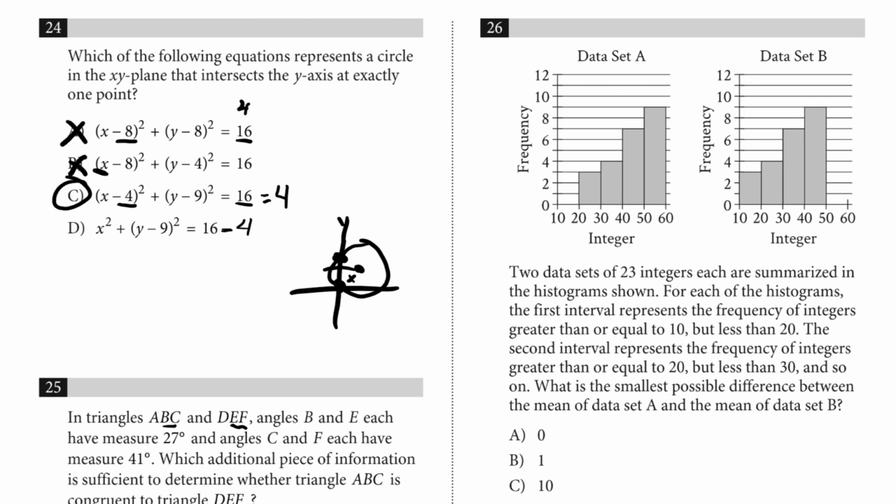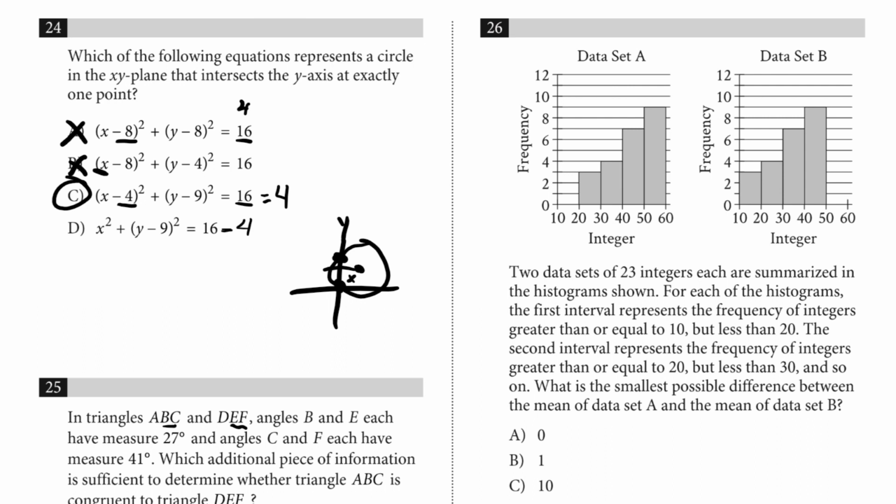So as you can see, between the two data sets of numbers, the actual numbers given are shifted to one side by 10. For dataset A, the integers are between 20 and 60, but for dataset B, they're between 10 and 50.